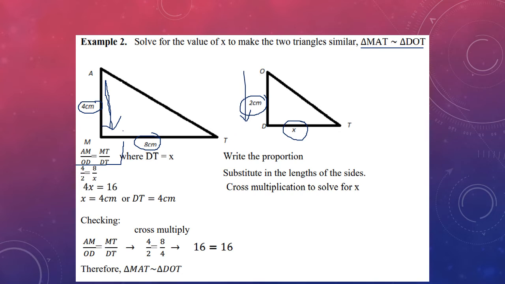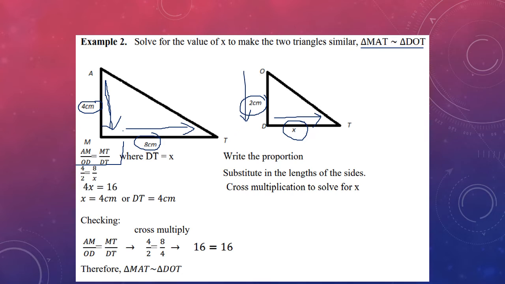Then the second one, MT over DT. As you can see, the side that one goes with on top corresponds to the same side on the other part. So AM over OD is 4 over 2, and MT over DT is 8 over x. Okay? That is how we form the ratio or proportion.